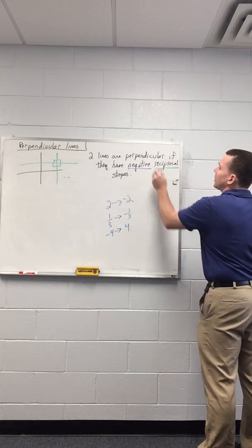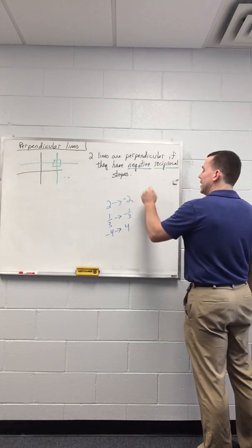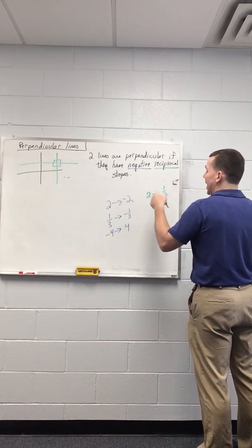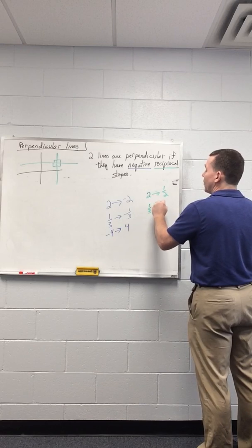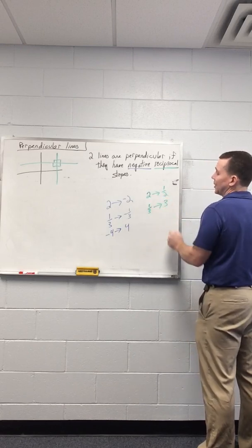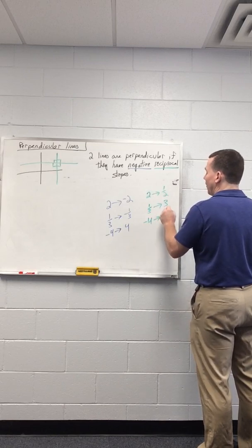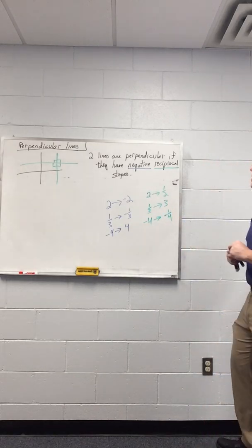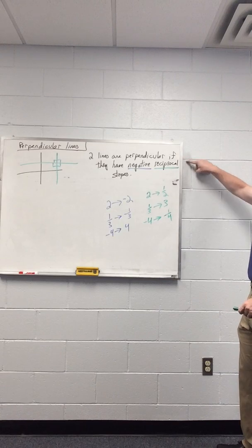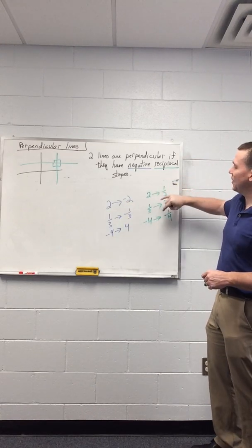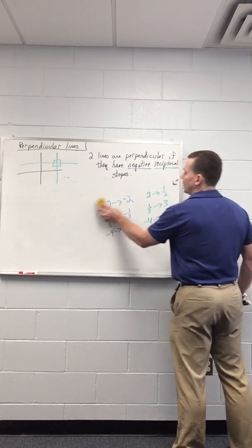When you talk about reciprocals, we know reciprocals means flipping. So if I have 2, the reciprocal of 2 is 1/2. If I have 1/3, the reciprocal, you flip it, is 3. If you have -4, the reciprocal of -4 is -1/4. So for negative reciprocal, we actually do both things. We flip the sign and we flip the fraction.